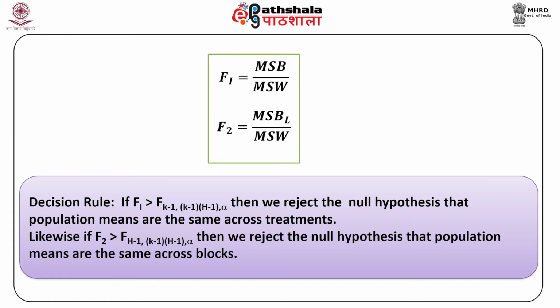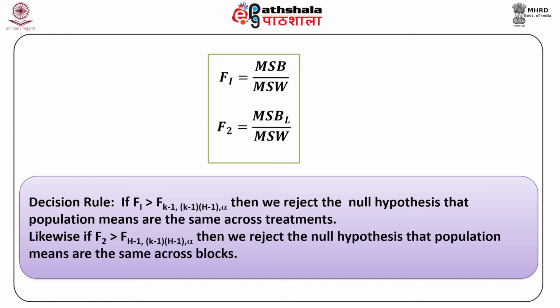F1 is the calculated F value for the first set of hypotheses, and it is compared with the F table value with k minus 1 and k minus 1 into h minus 1 degrees of freedom for numerator and denominator respectively at a chosen level of significance, which could be 5% or 1%. Similarly, F2 is the calculated F value for the second set of hypotheses and is compared with the F table value with h minus 1 and k minus 1 into h minus 1 degrees of freedom for numerator and denominator respectively at a chosen level of significance.